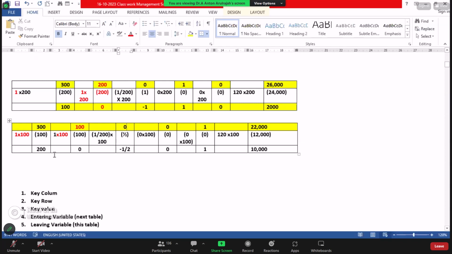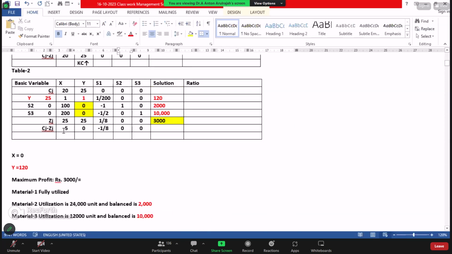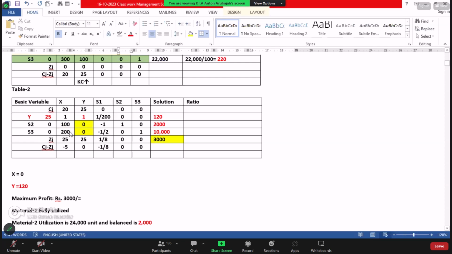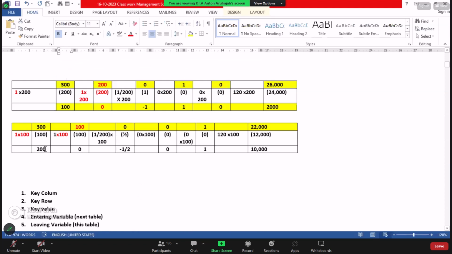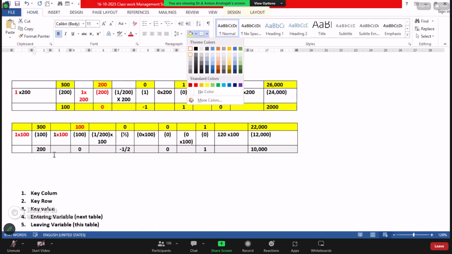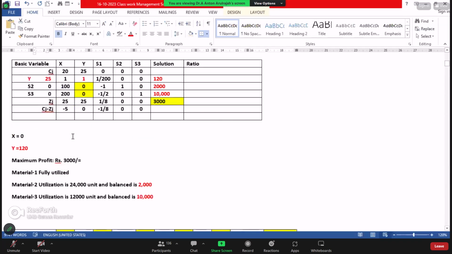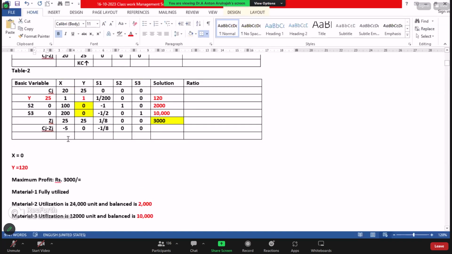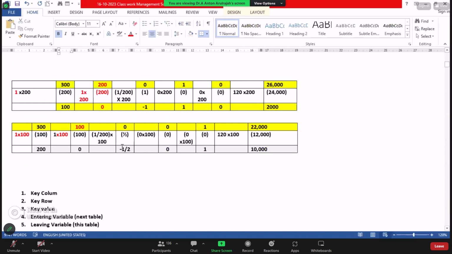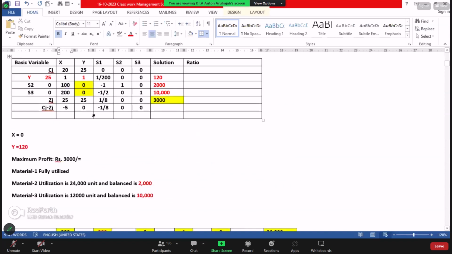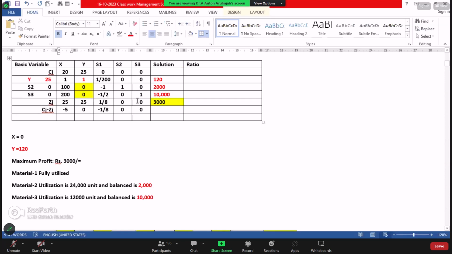So again, we put these values here: 200, 200, 0, these values are transferred, 200, 0, minus 1 by 2, then 0, 1, 10,000.